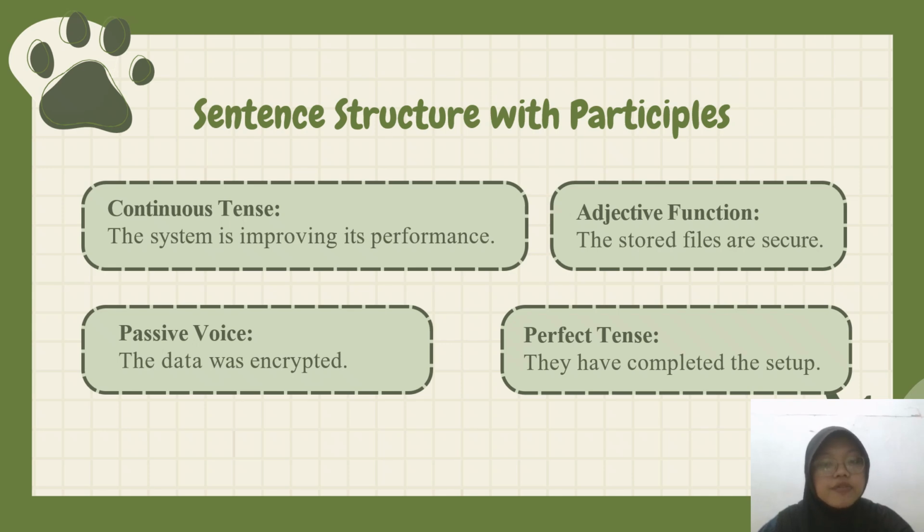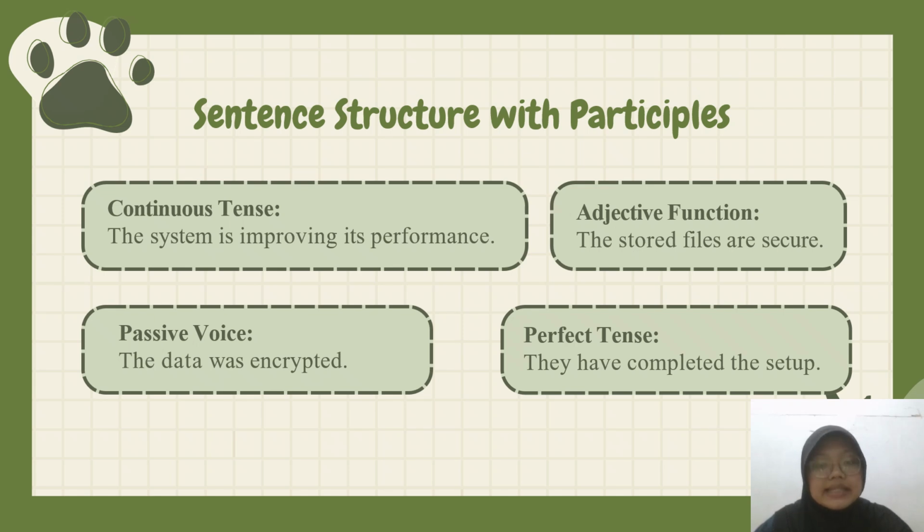Next, adjective function. The stored files are secure. Here, "stored" is a past participle. It directly describes files, the files that are stored. This functions purely as an adjective, not part of a verb tense.